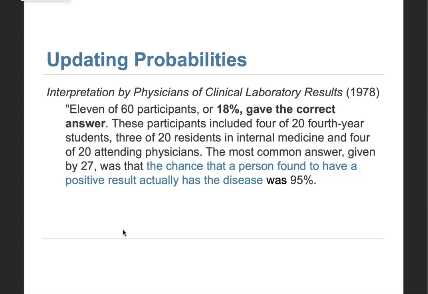We told you the 60 participants include 20 fourth-year medical students, 20 residents, and 20 physicians. So most people did not get it right, only 18%. The most common answer, given by 27 out of 60 people, was that the chance that the person found to have a positive result actually has the disease is 95%.